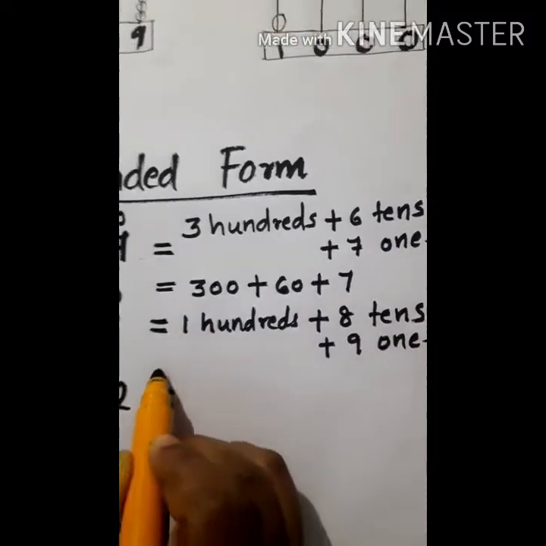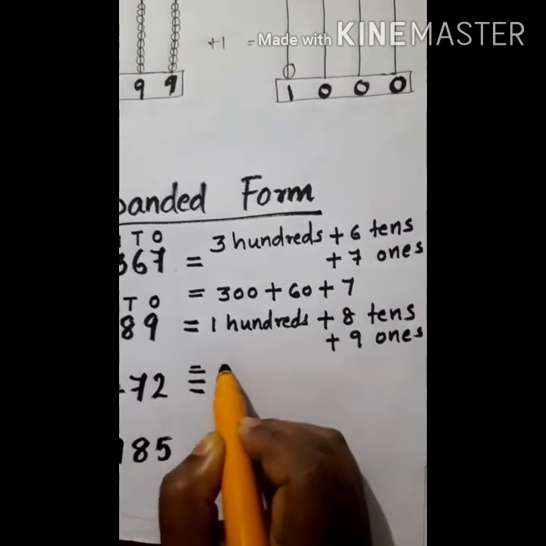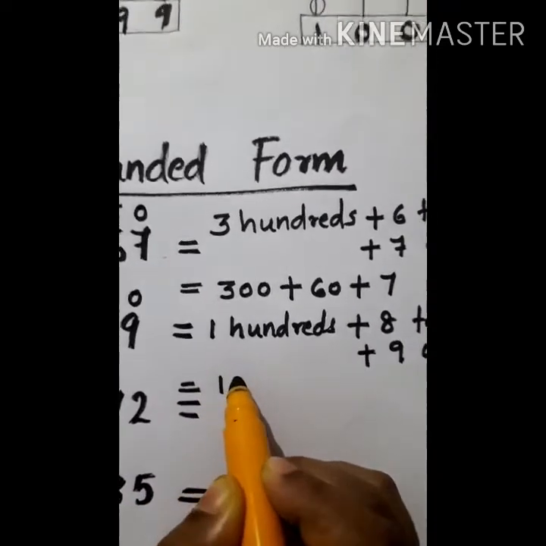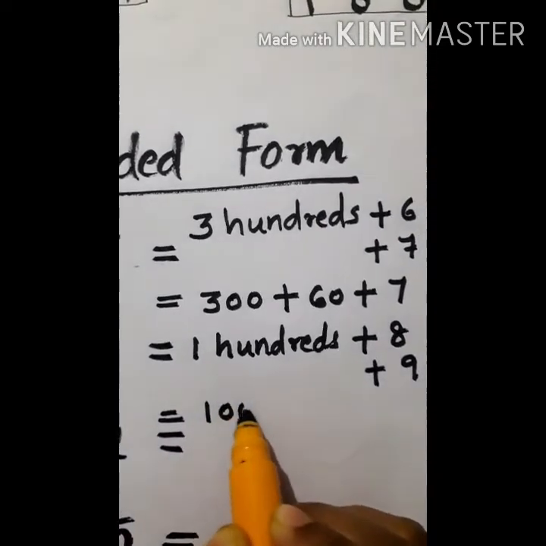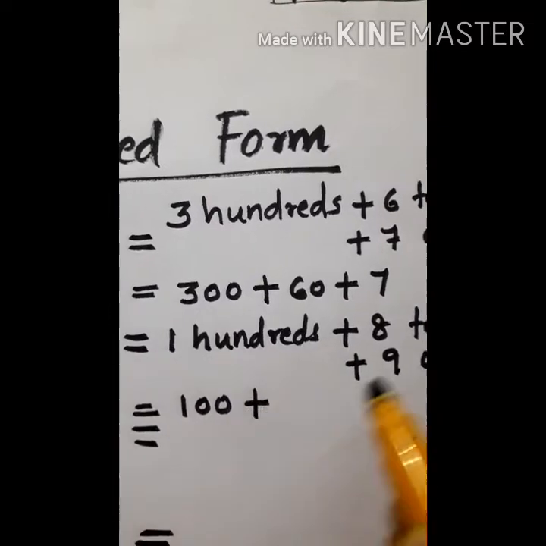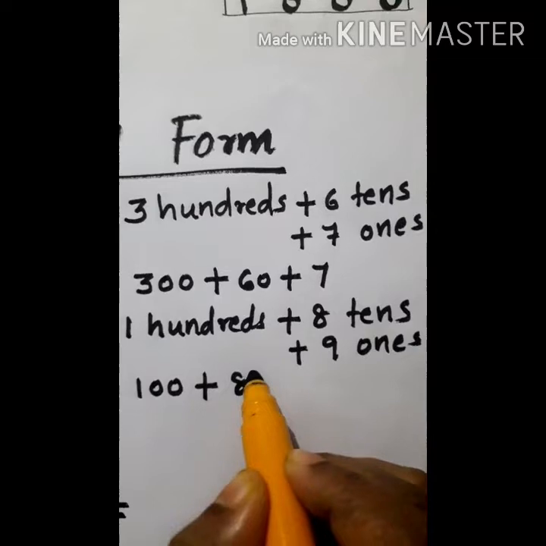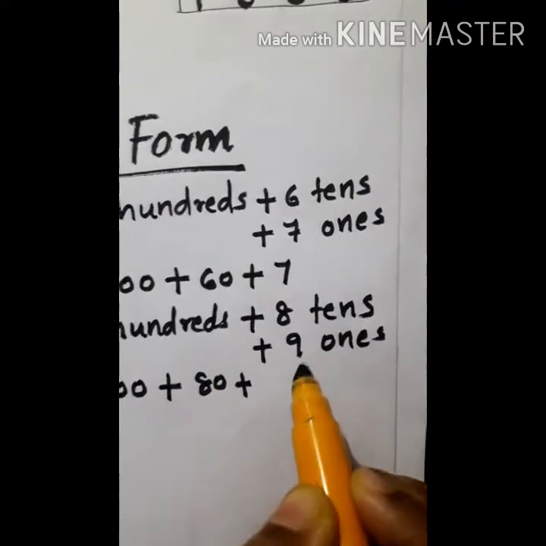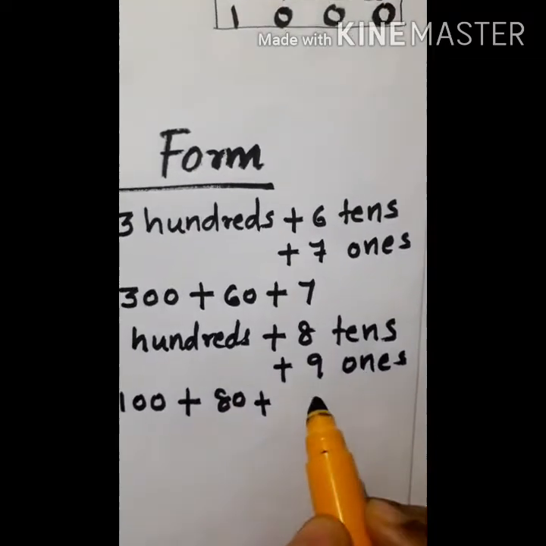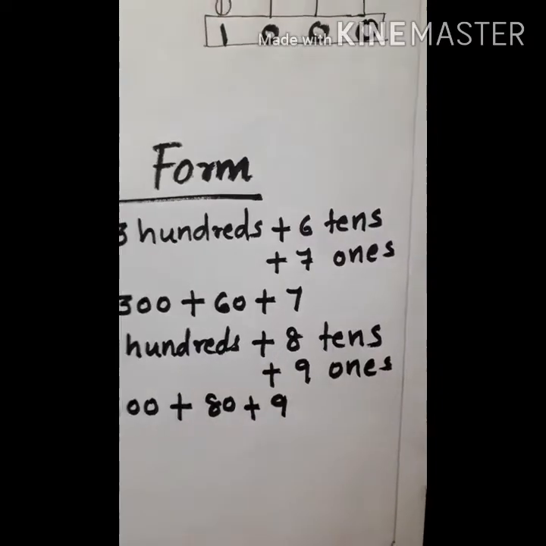So again what will we write? 1 hundred means 1 into 100, that is 100, plus 8 tens means 8 into 10, that is 80, plus 9 ones means 9 into 1, 9.